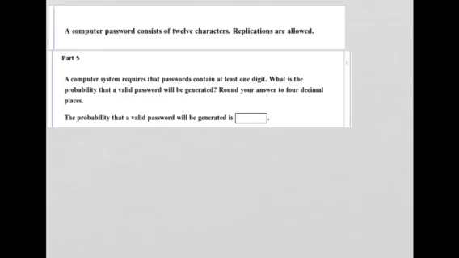And then in the last one, we want to know what is the probability of getting at least one digit. And this is really similar to what we did with the number of ways to get at least one digit.